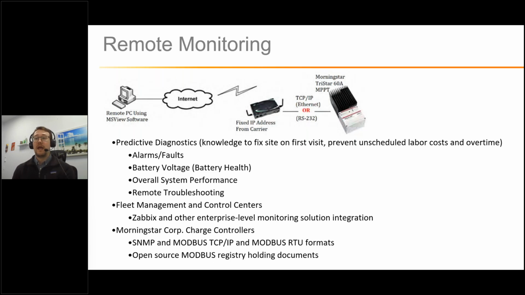And then one of the other important things here that we mentioned on our poll is feeding this data into larger fleet management or control centers. Because of Morningstar's open source philosophy and using base Modbus SNMP architecture, this is eminently doable by any entity with a little bit of networking capabilities.